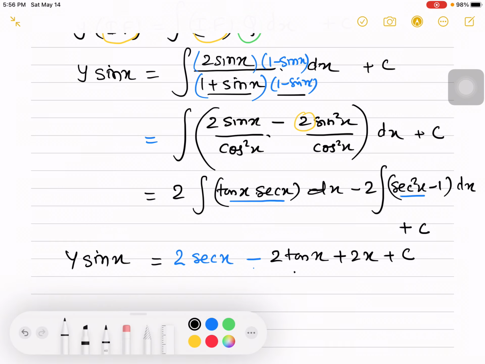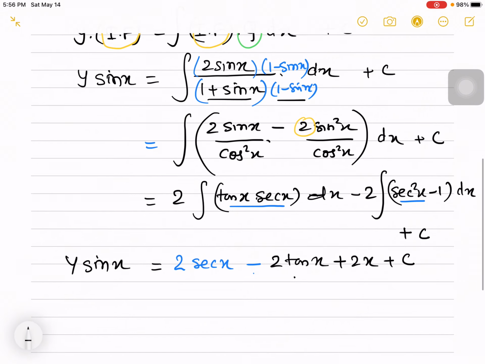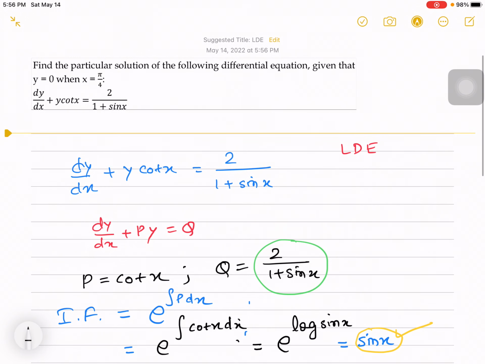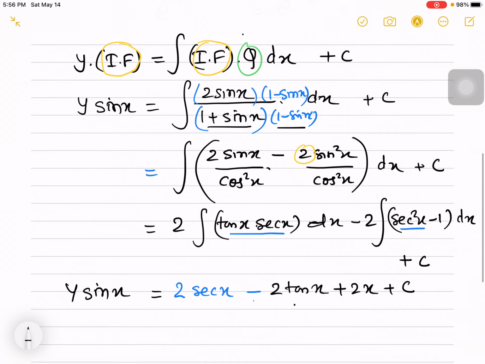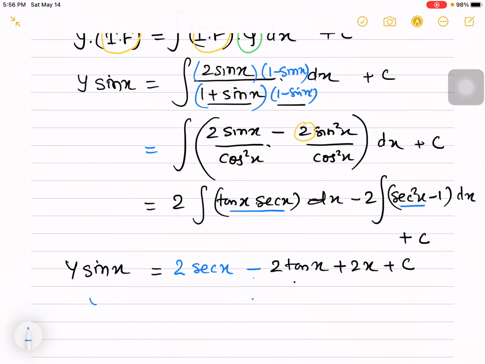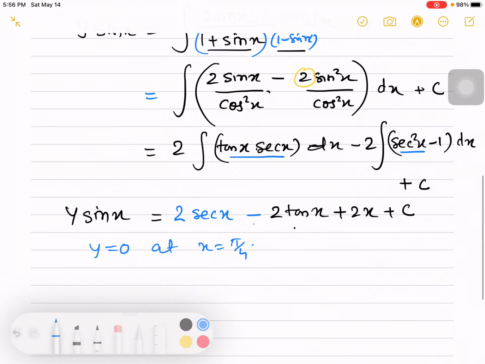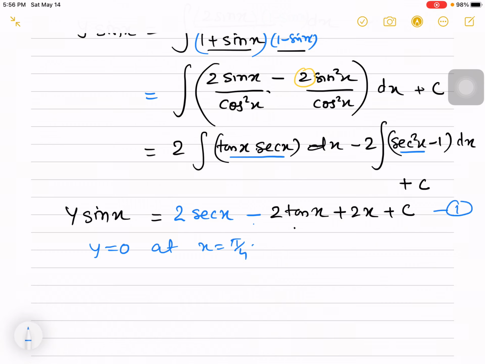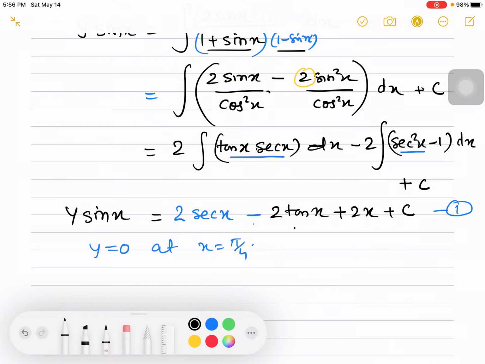In this question, the 1 mark part also remains, because we want to find the particular solution at y equal to 0 when x is equal to pi by 4. It is given that y is equal to 0 at x is equal to pi by 4. So use this given point in the equation and find the value of c.